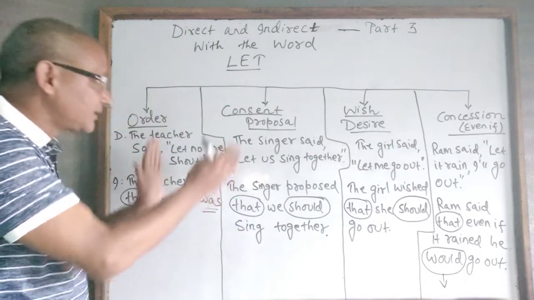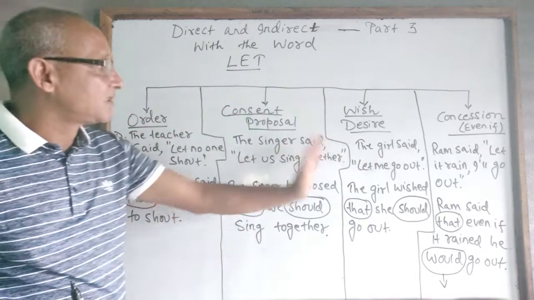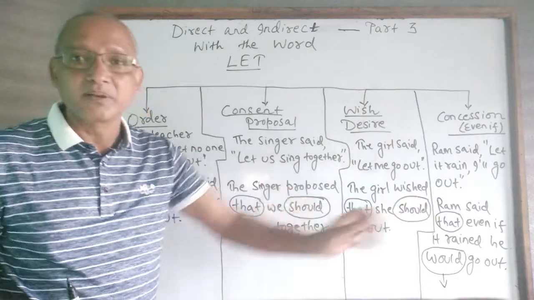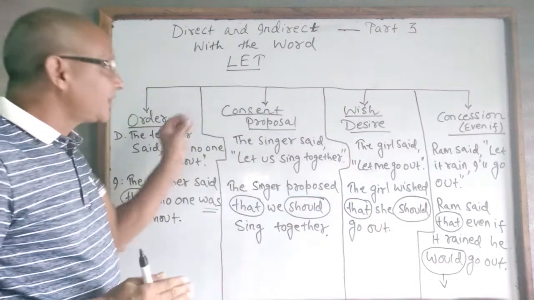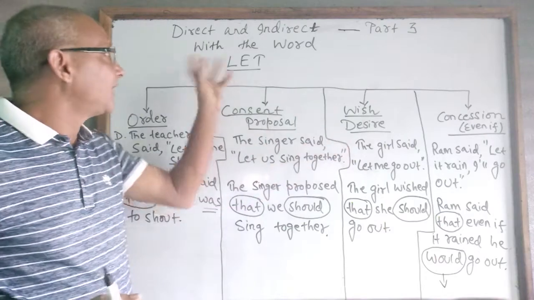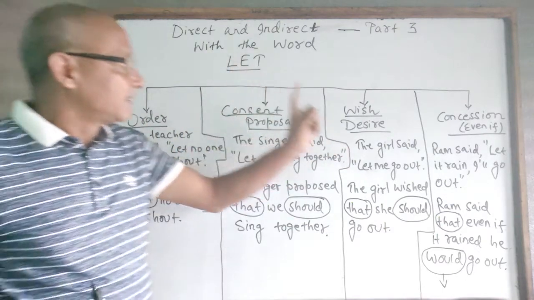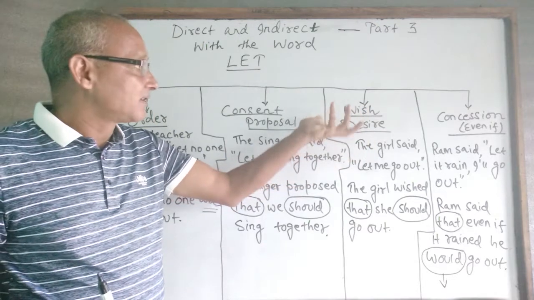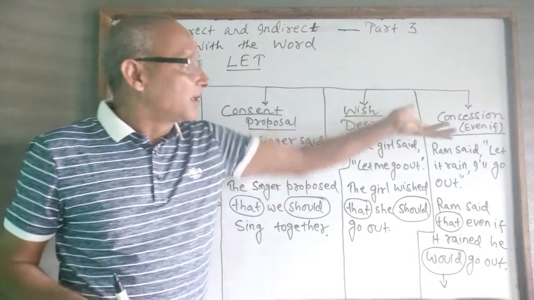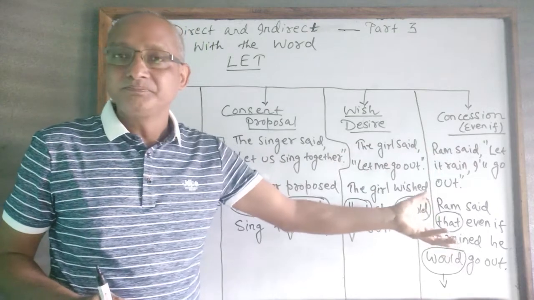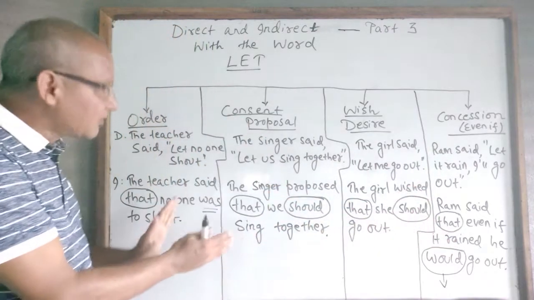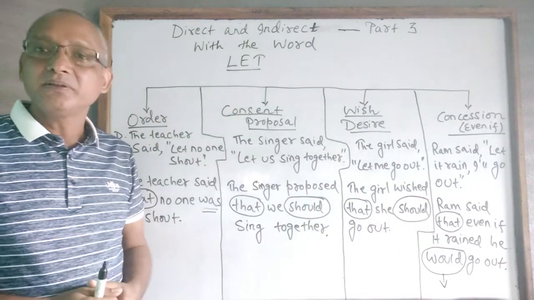And according to the sentences, we can change it from direct to indirect. So the basic thing is, what kind of sentence is it in the direct form? Is it an ordered form? Is it a consent or proposal? Does the sentence consist of a wish or a desire, or is it a concession or even if? So depending on this, we change from direct to indirect.